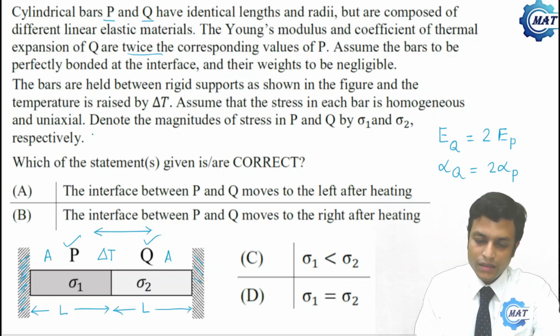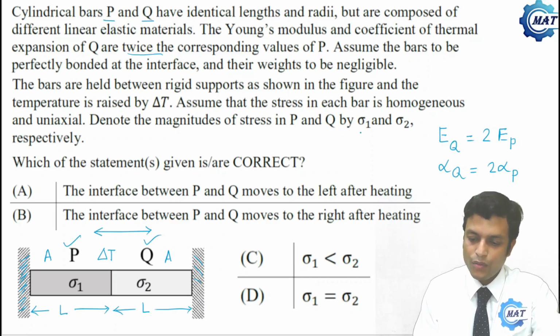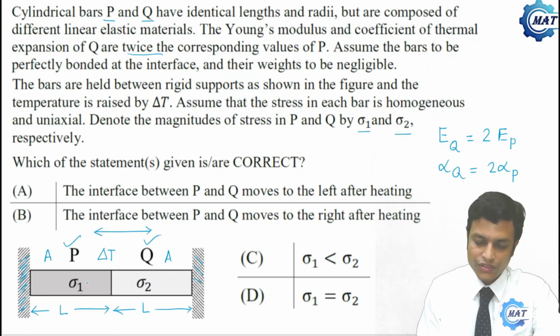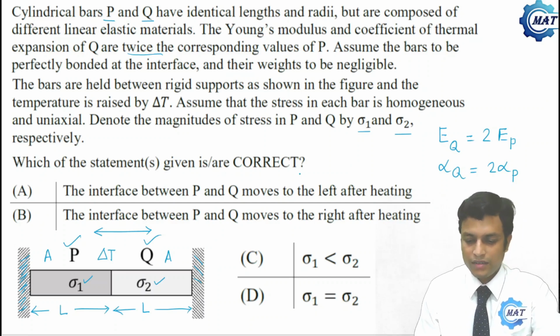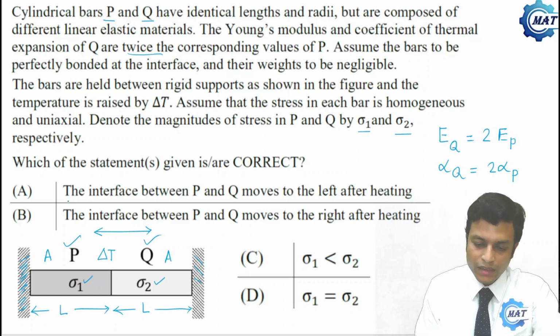Denote the magnitude of stress in P and Q by sigma 1 and sigma 2 respectively. So stress on bar P is sigma 1 and on bar Q is sigma 2. Which of the statements given is or are correct? First statement: the interface between P and Q moves to the left after heating.